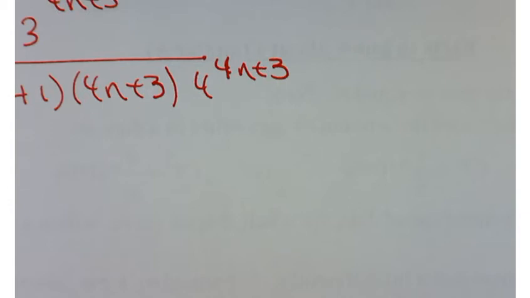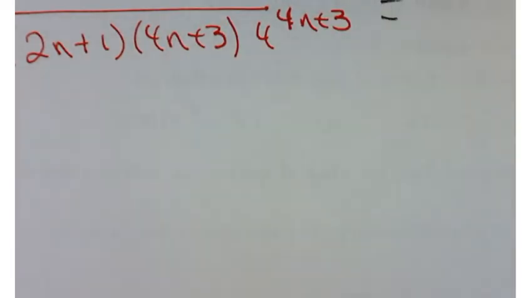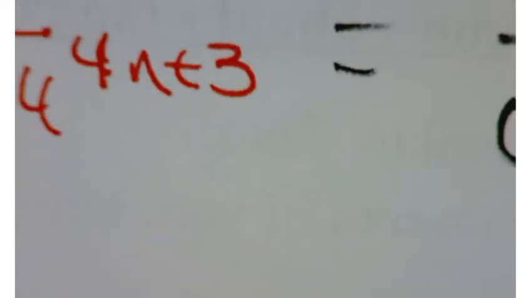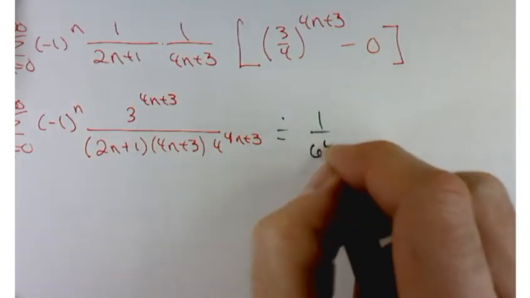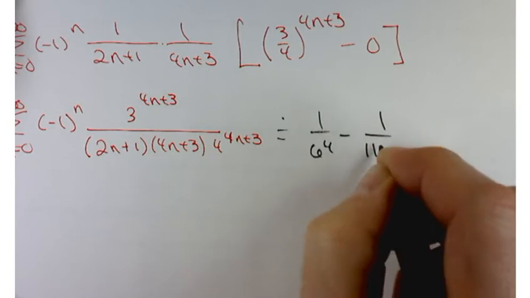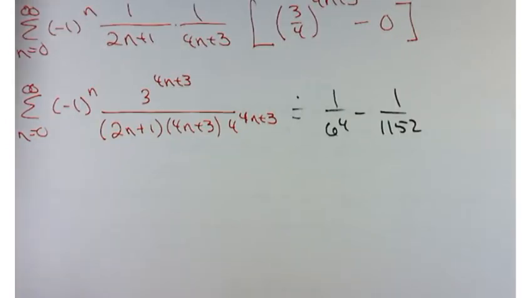If you actually plug in the numbers, they're not exactly pretty or friendly. The first 2 terms are 1/64th minus 1 over 1152. So that's your approximation to the integral.